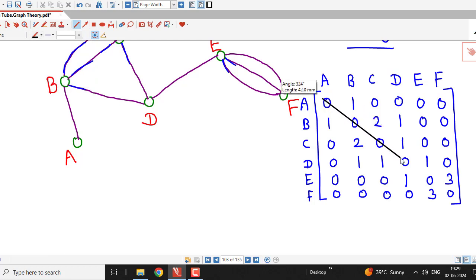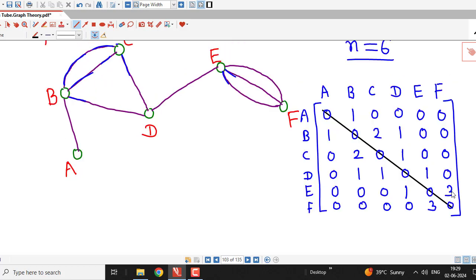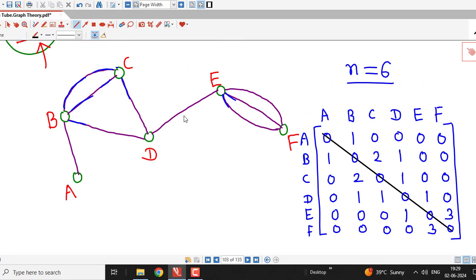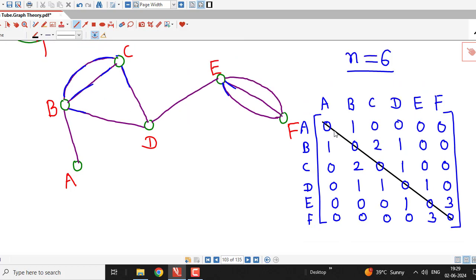and we can check whether it is symmetric or not, that is a cross check. And we can observe that there are no loops in this graph, therefore all the entries on the main diagonal are 0. And we can check the entries on the lines perpendicular to the main diagonal, they must be symmetric. So if I consider this perpendicular line, I can see the symmetry.